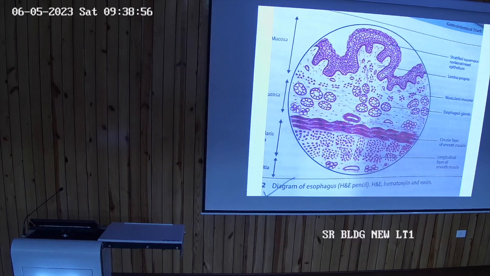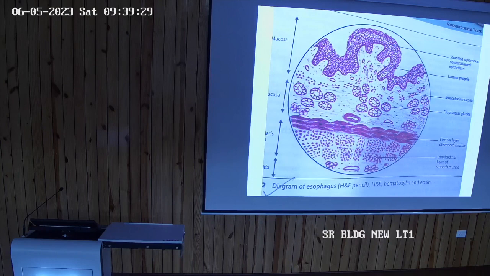If the section is taken from the middle part, the muscularis coat consists of both types of fibers, skeletal as well as smooth. If the section is taken from the lower 1/3 part, the muscularis externa consists of only smooth muscle fibers, nothing else. That is very important, commonly asked in MCQ or maybe viva.